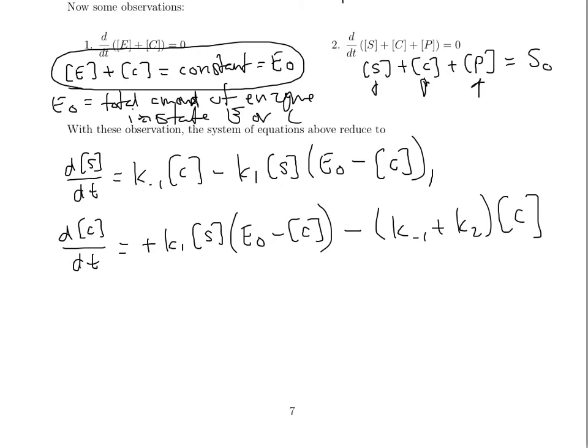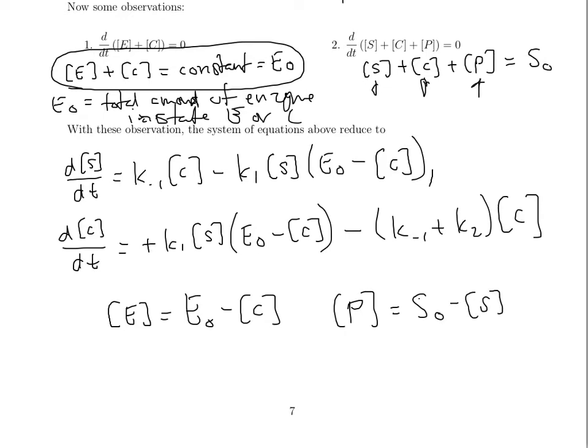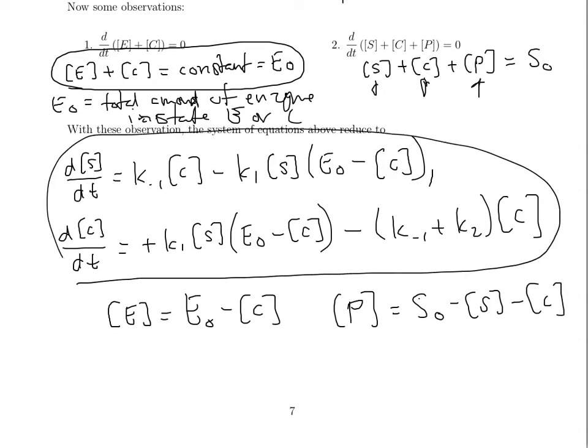And once we know S and C, then we can find from that information what E is, because it'll be our total amount of enzymes minus C. And once we know S and C, then we can find how much concentration of product we have, because that's going to be our total amount of substrate minus S and minus C. So once we solve our two equations, we get the other two quantities for free.